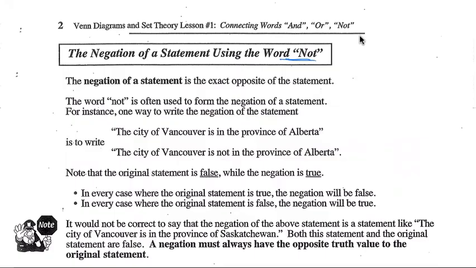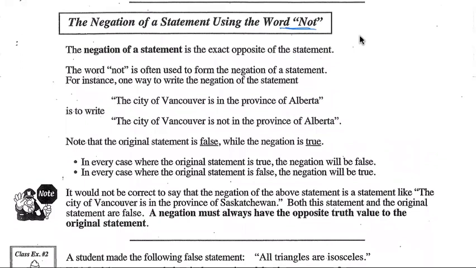Note that the original statement in this case is false, but the negation of it is true. That's always the case with negation statements. In every case where the original statement is true, the negation will be false, or in every case where the original statement is false, the negation is true. They have opposite truth values.